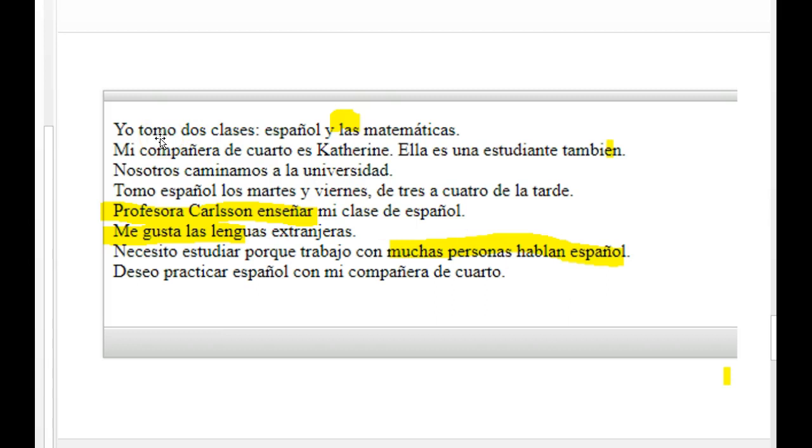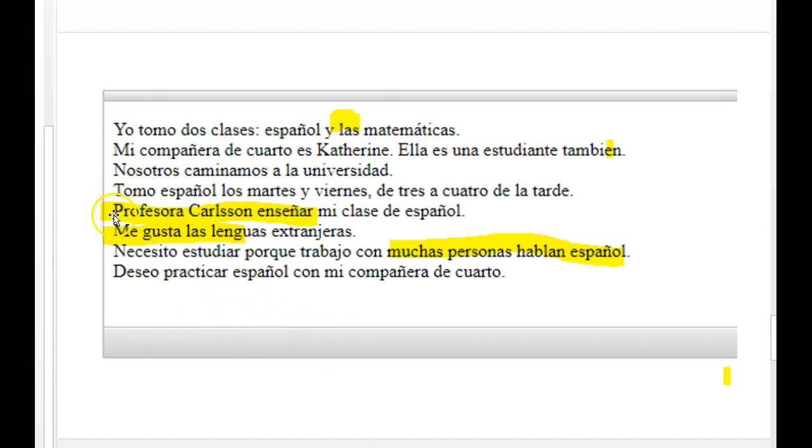So we have tomar, we have verbo ser, caminar, tomar again, enseñar, we can count on gustar, necesitar, desear. So perfect. I like the way this person did this. And you started with the yo, and then you used different subjects, which is another thing that I really liked.